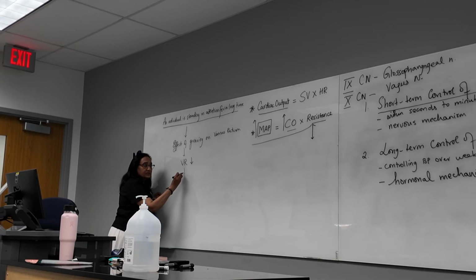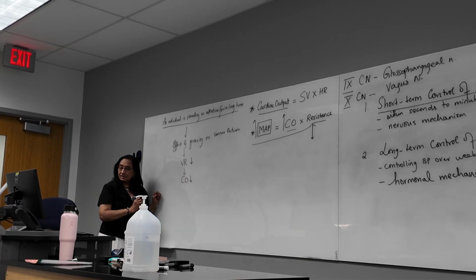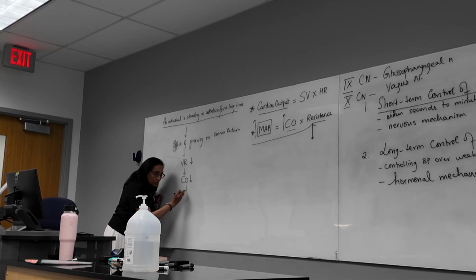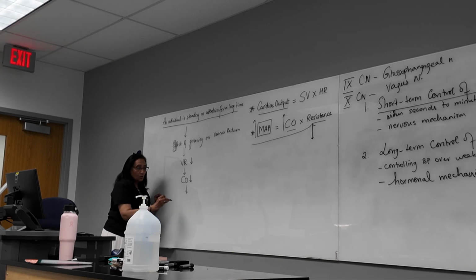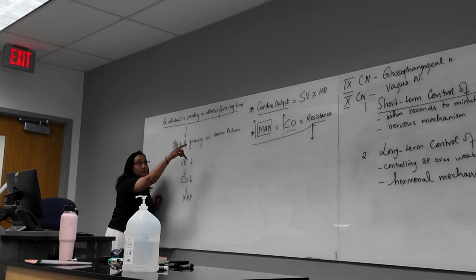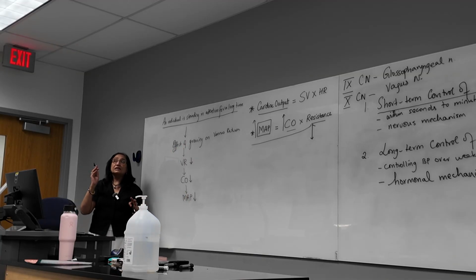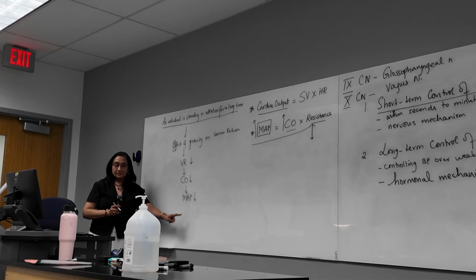If venous return decreases, what will happen to cardiac output? It will also decrease. If cardiac output decreases, what will happen to mean arterial pressure? It will decrease, so it will become less than the usual 93.